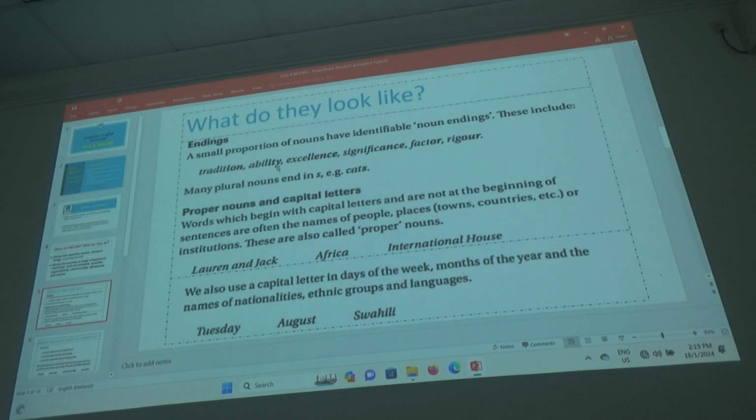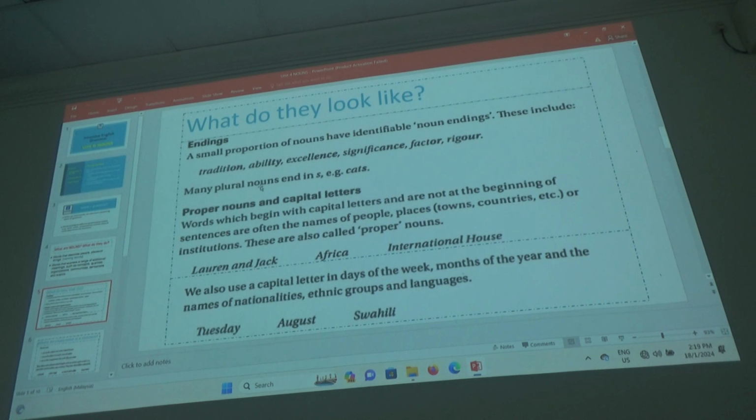That's why I put it in bold. So all these are endings of nouns. Can you understand now? All right.